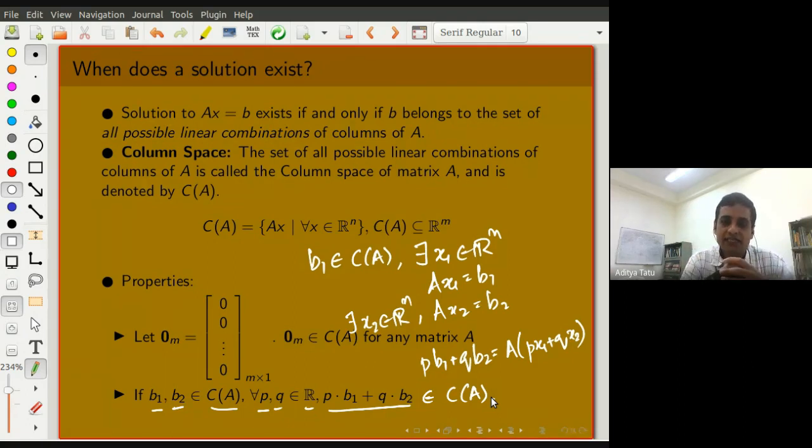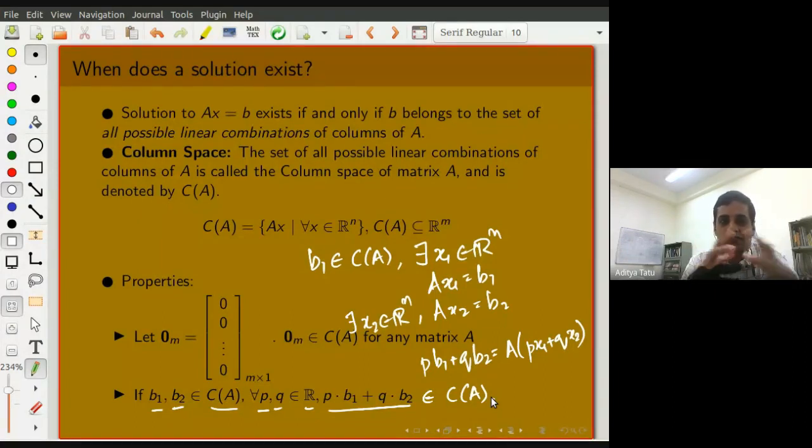That the column space can be extended infinitely. So this p and q can be arbitrarily large, they can be real numbers, they can be negative numbers as well. So in both directions, if b is in the column space of A, 2b is also in the column space of A, 10 million times b is also in the column space of A. Similarly, minus 10 million times b is also in the column space of A. Okay, so that is the reason why this space makes sense.